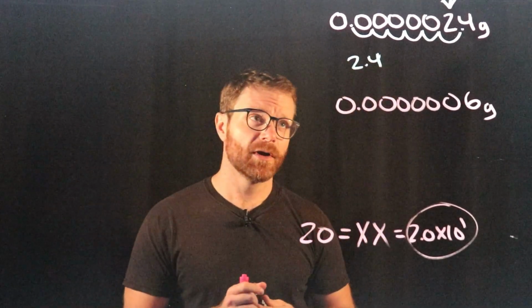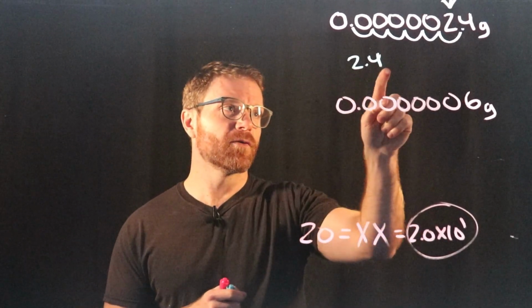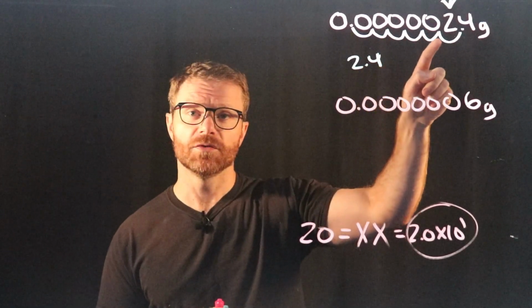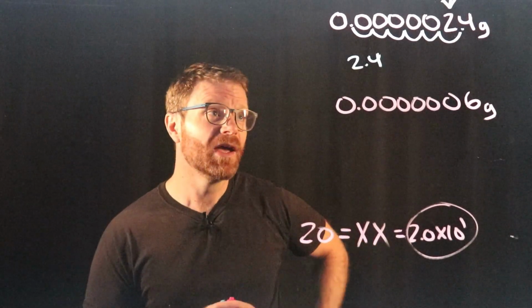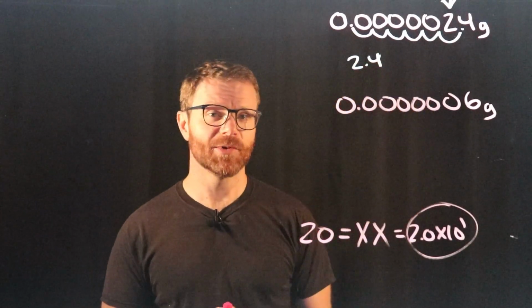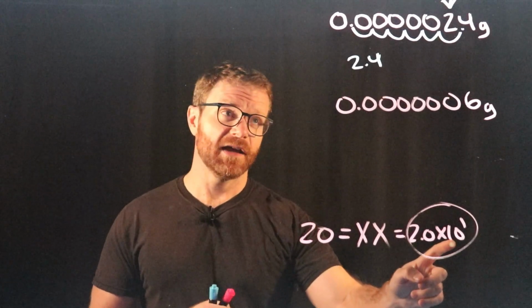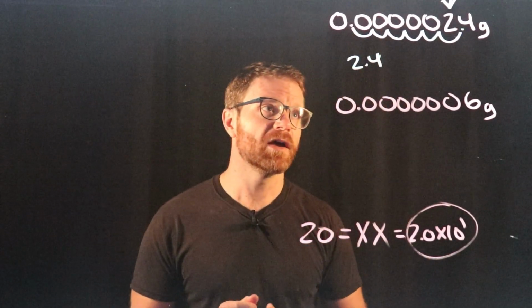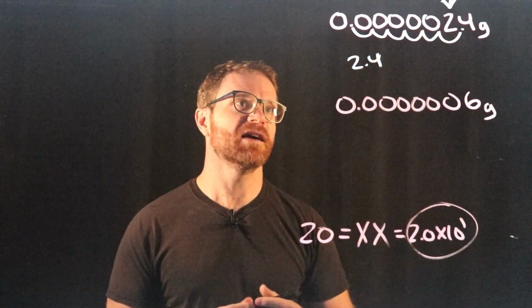And now remember, I'm not actually changing my number. So 2.4 is not equal to 0.0000024. So in order to make these numbers the same, I need to account for all these decimal places. And the way that we do that is by using powers of 10, because each decimal place is just a power of 10. Okay, so I moved it 1, 2, 3, 4, 5, 6 times.